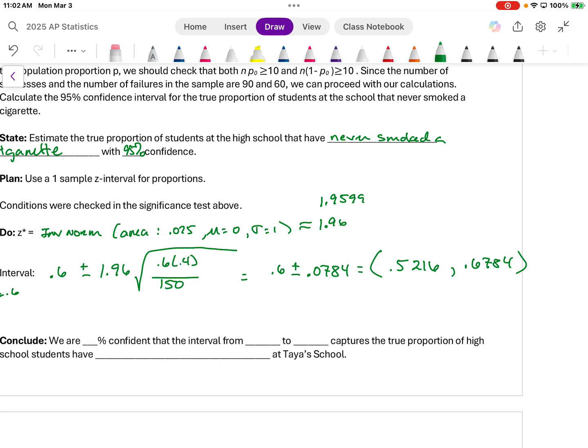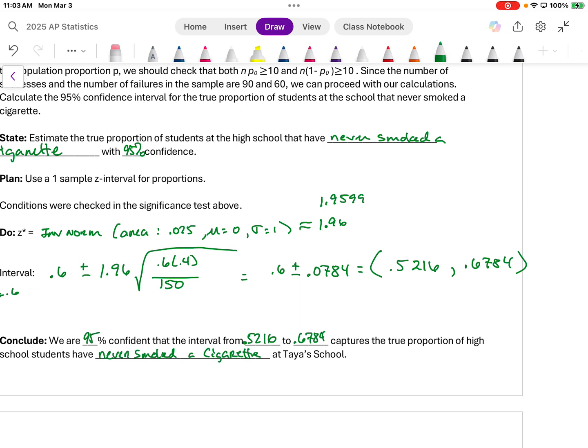And then as we write up our statement, we are 95% confident that the interval from 0.5216 to 0.6784 captures the true proportion of high school students that have never smoked a cigarette at Taya School.